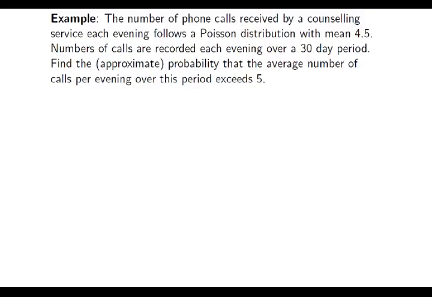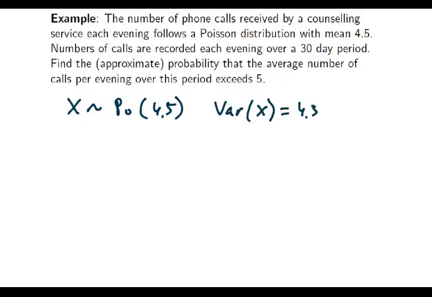Then what do we have? We have x, which has Poisson distribution with mean value 4.5. So we know that variance of x, since for Poisson distribution variance equals its mean value, is also 4.5.